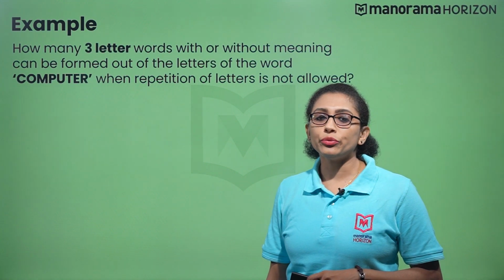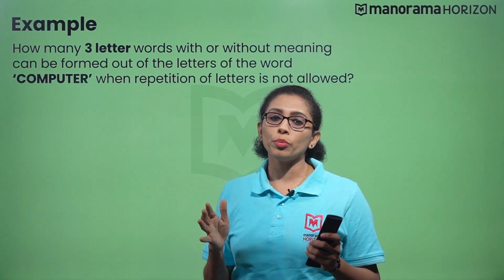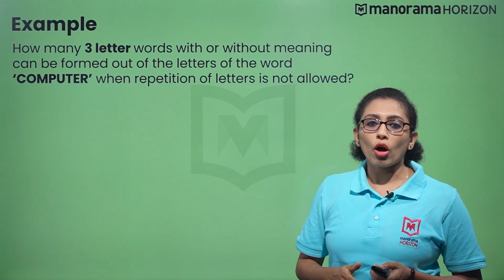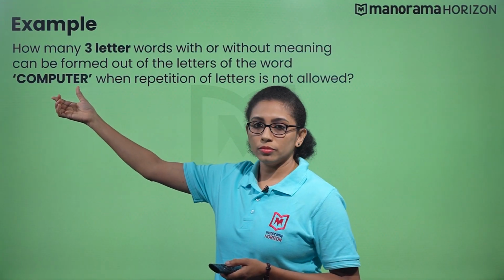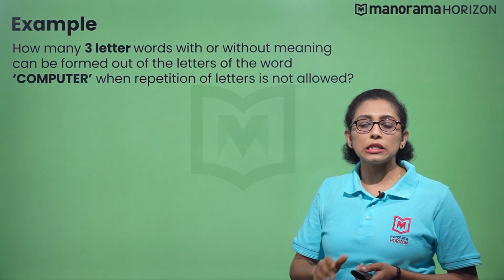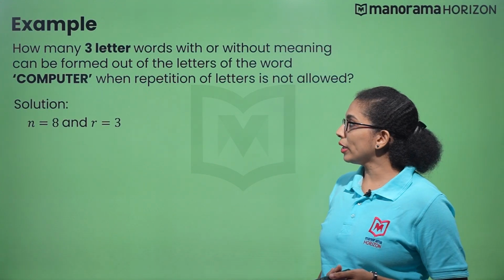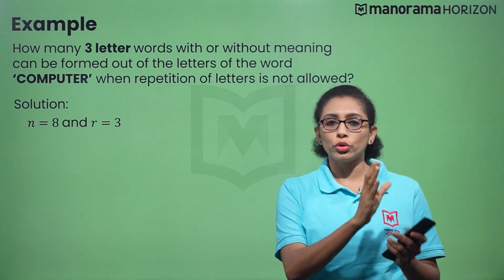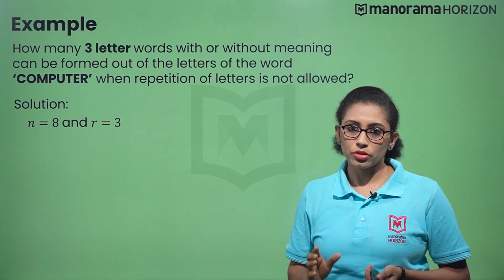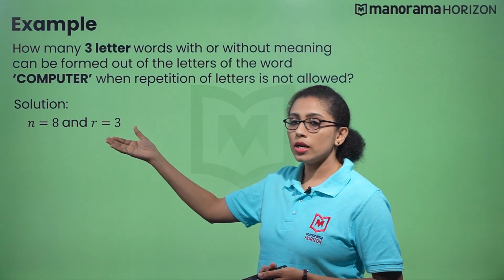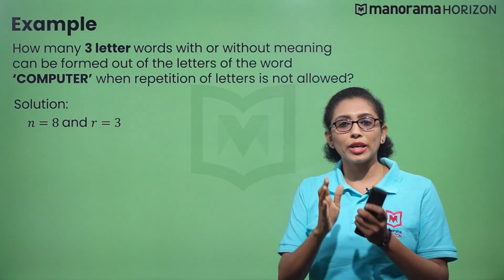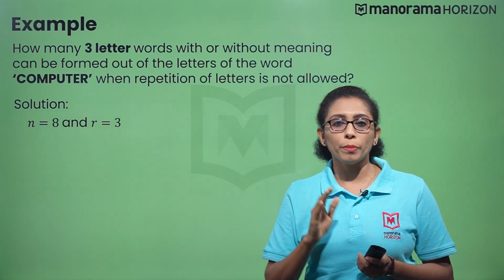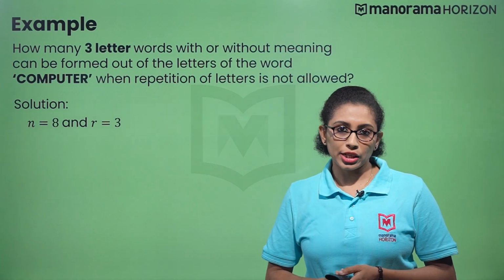How many three-letter words, with or without meaning, can be formed out of the letters of the word computer when repetition of letters is not allowed? Solution. Here n is equal to 8, as the word computer has 8 letters. Now what is r? r is equal to 3, since we have to frame 3-letter words with or without meaning and without repetition.